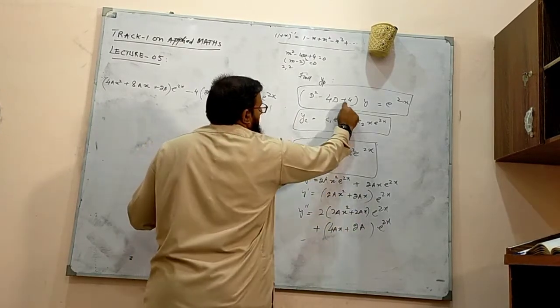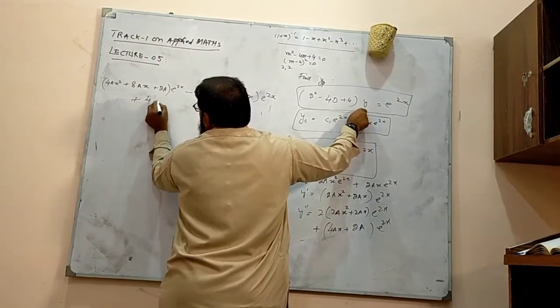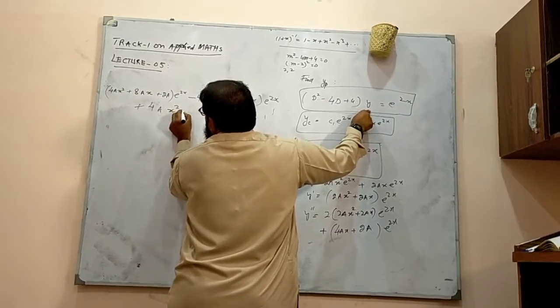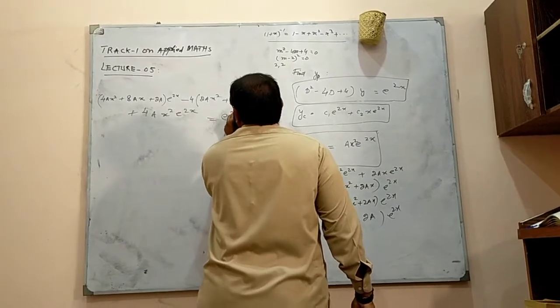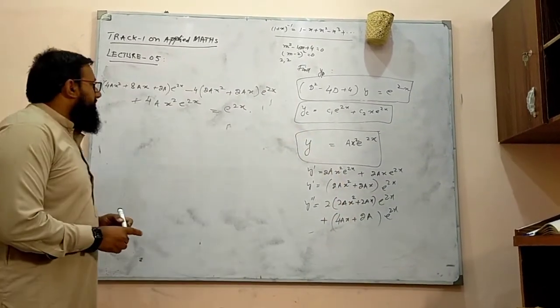Plus 4 times y, where y is a x square e raised to 2x, equals e raised to 2x.